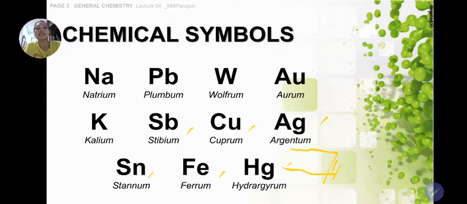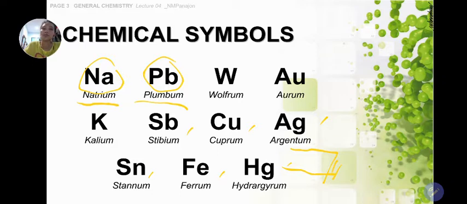So actually, these names are not the ones written on the periodic table, but these symbols are. You can take a look at your periodic tables para ma-identify nyo kung ano-ano ba yung mga elements or chemical symbols na yan.